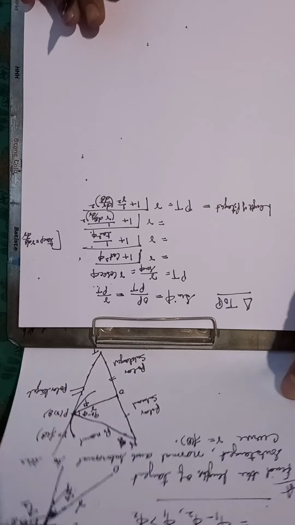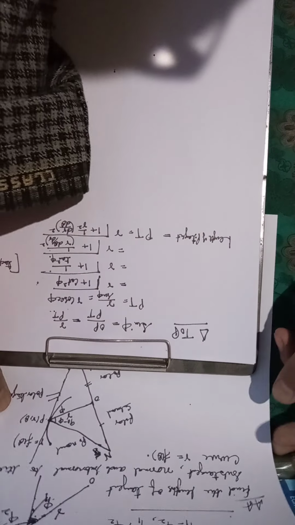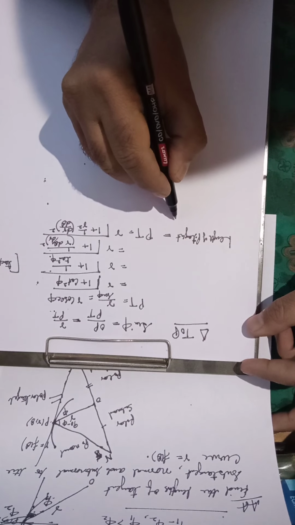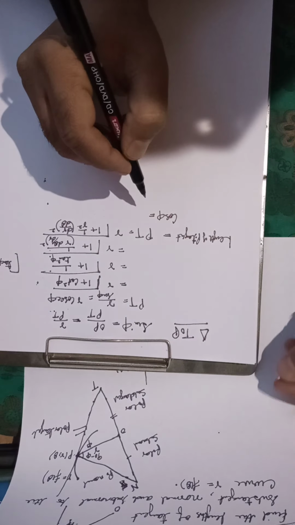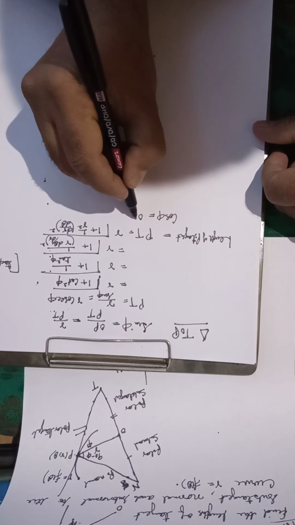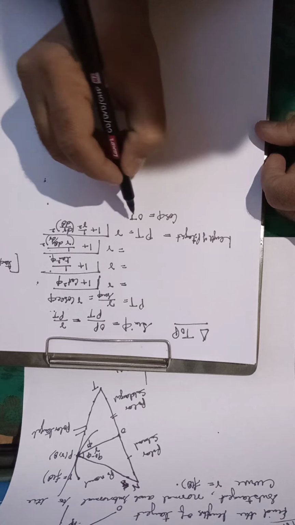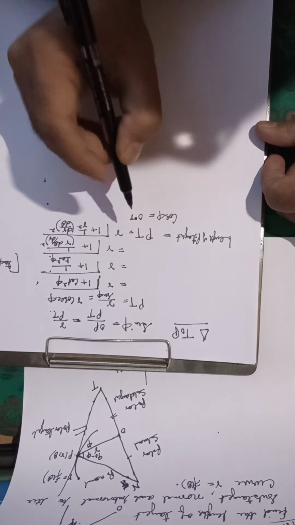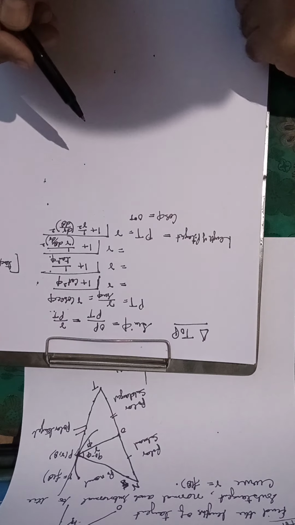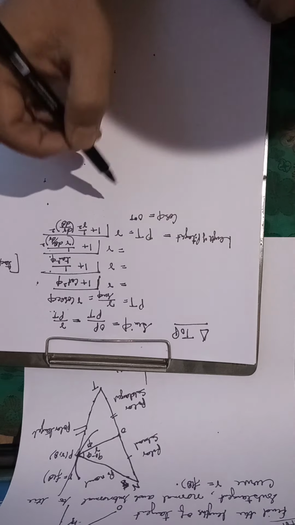Fine. Similarly, from this triangle, cos phi is base by hypotenuse, where the base is OP. From this triangle only, let me find cos phi.